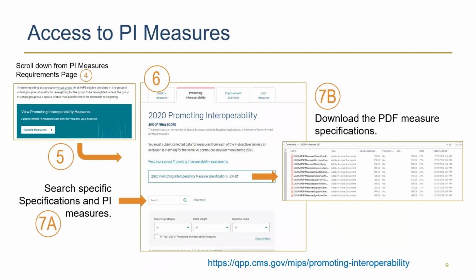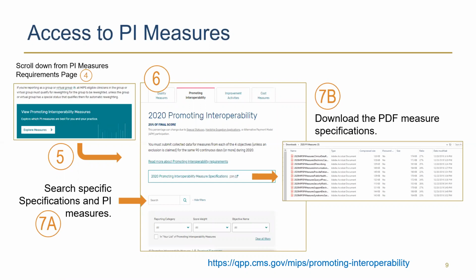This slide shows how to navigate to the individual measure specification sheets. So by scrolling down the PI measure requirement page, which was number 4, there is a link to Explore Measures. By clicking on the Explore Measures, you will reach the PI measure search page, which is number 6.